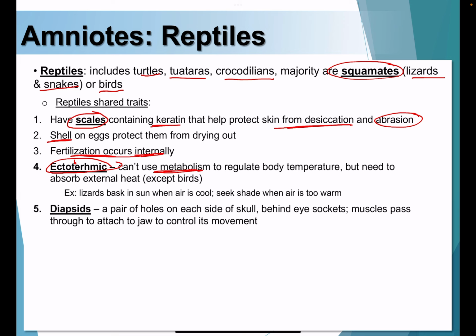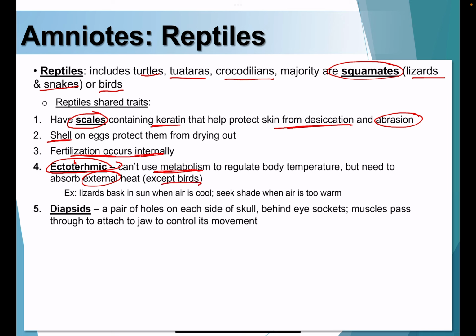They only absorb heat from external means, which is why when you see reptiles at the zoo, they're usually under a heating lamp of some sort, because they cannot regulate their own body temperature. They are completely reliant on their environment for cold versus warm. The only exception to reptiles being ectothermic is birds.